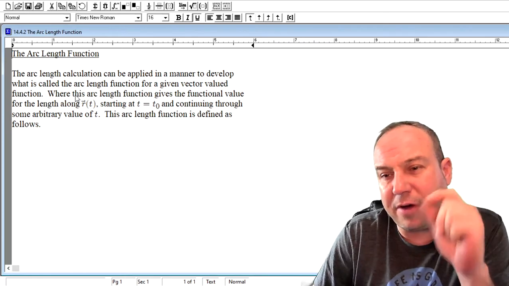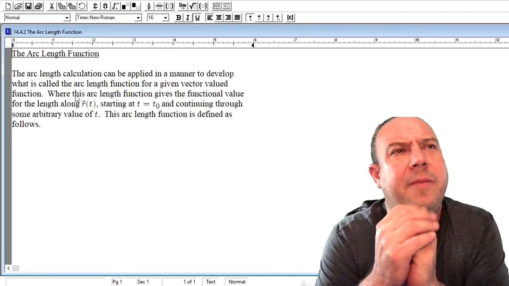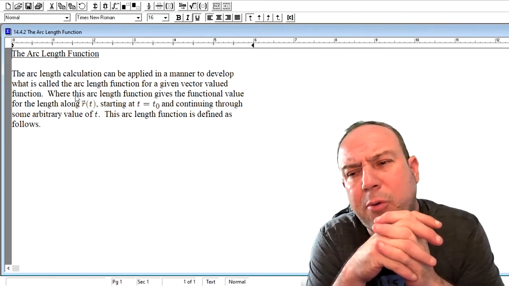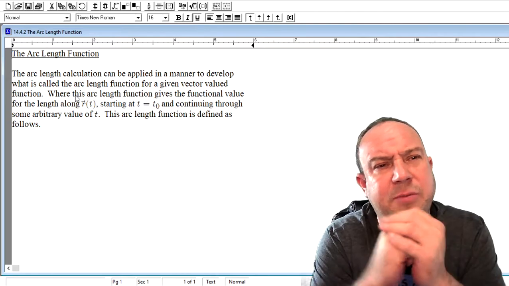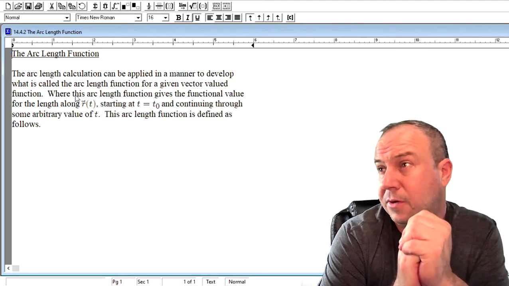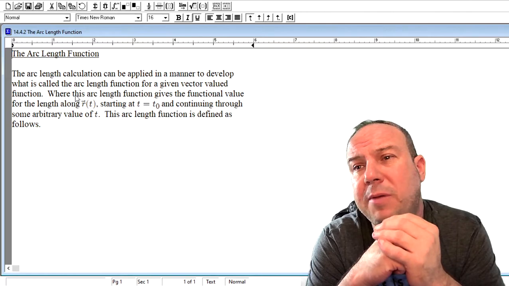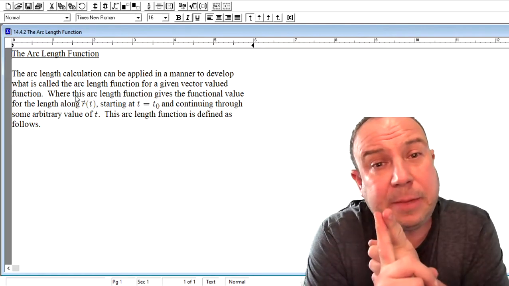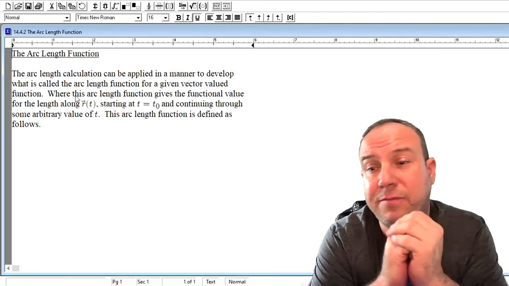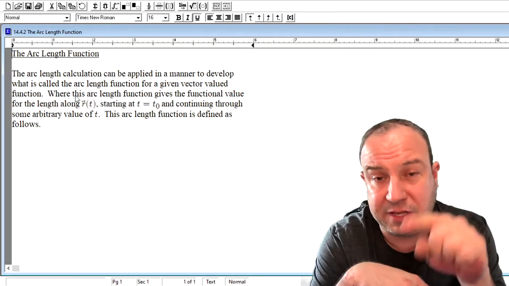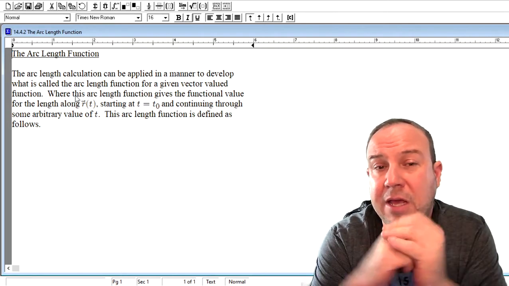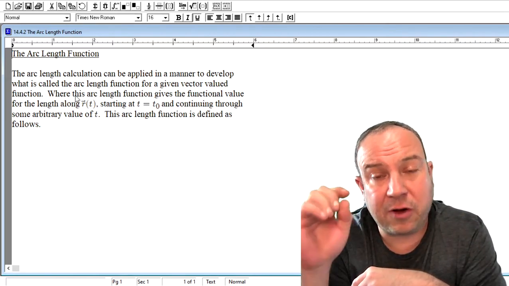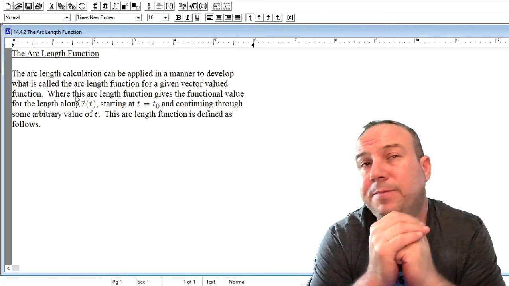The arc length function is going to allow us to define what's called the arc length parameter. The arc length parameter is going to be important to us when we come back in the next section of material and look at curvature, right? It's going to be important in the respect that we're going to be able to re-parameterize our vector valued function in terms of this arc length parameter, if we have a way to relate it to our generic parameter of a vector valued function.